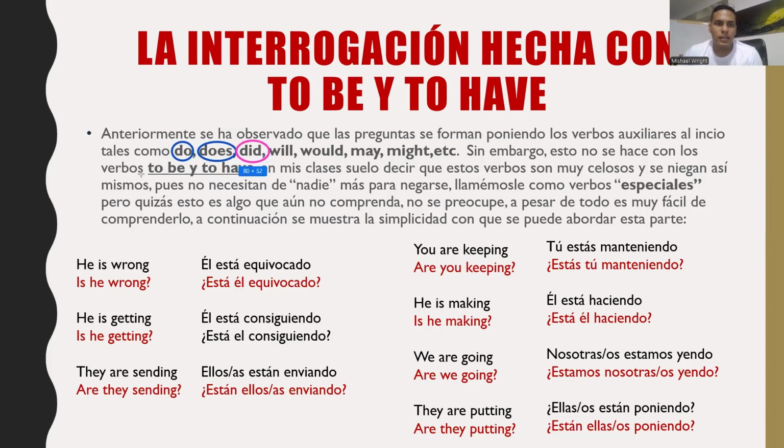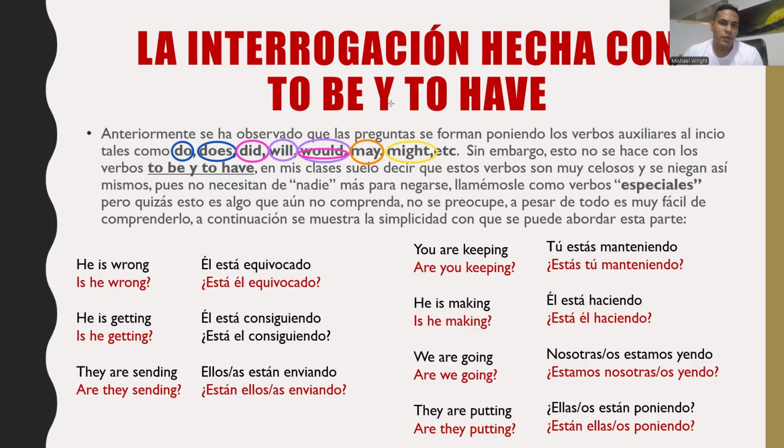Future, which is will, right? Would be like future and past at the same time, something like that. I will enclose in both circles. Okay, so may, which is present, poder, and might, which is the future of may, etc.